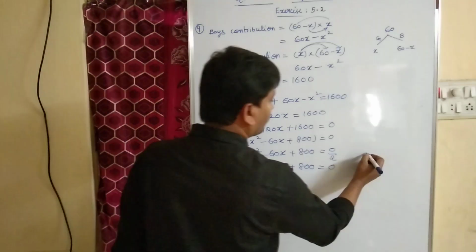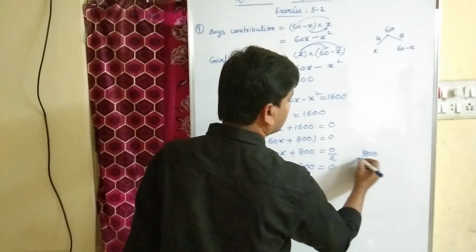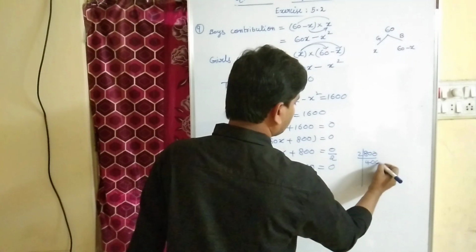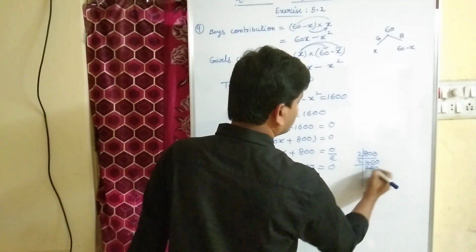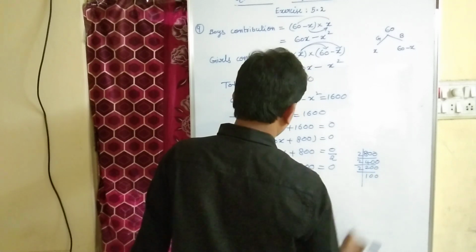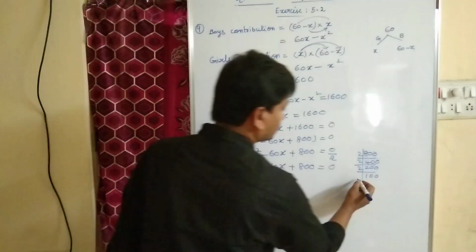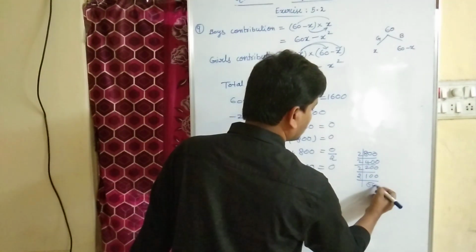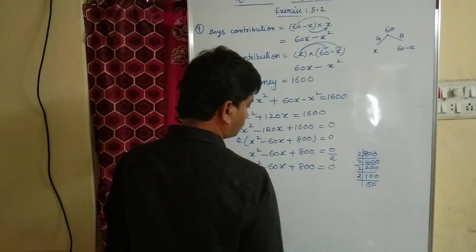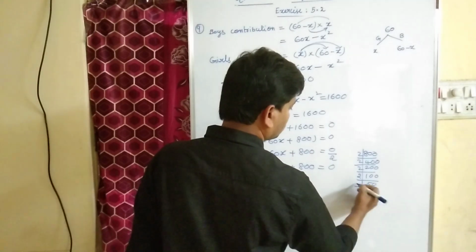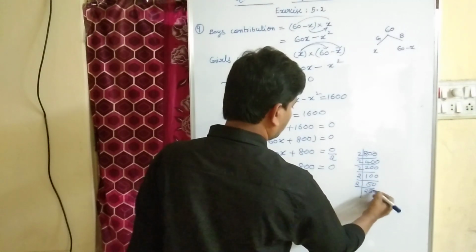Can you find what are the possible factors of 800? 2 into 400, 2 into 200, 2 2s are 4, 4 2s are 8, 250, 225.